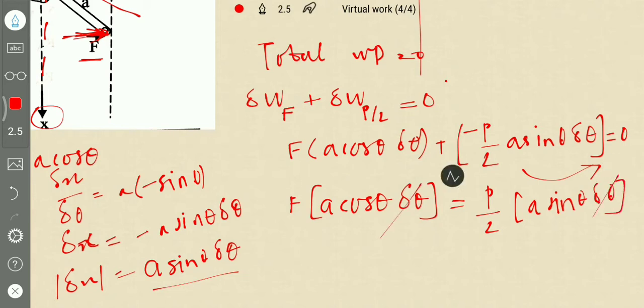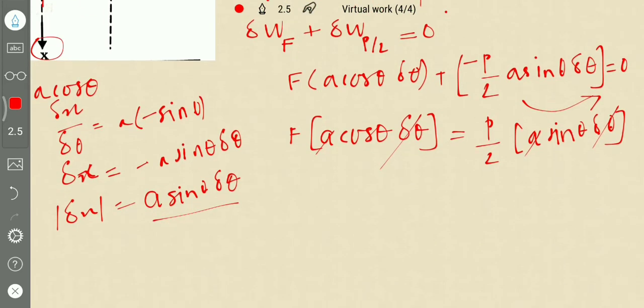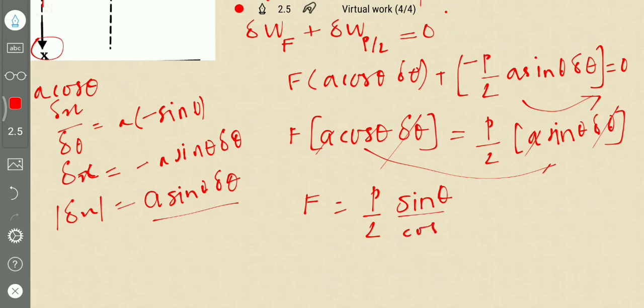Delta theta gets cancelled. A and A get cancelled. So what we need is force F in terms of P. F is equal to P by 2 sin theta, and if we send cos theta to this side, divided by cos theta, F is equal to P by 2 tan theta.